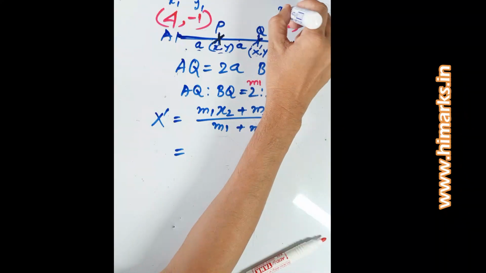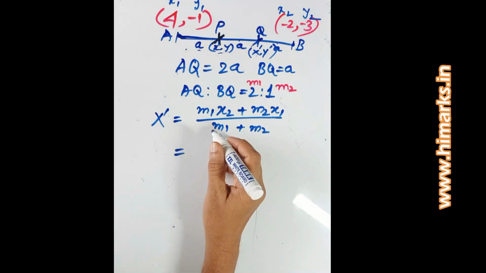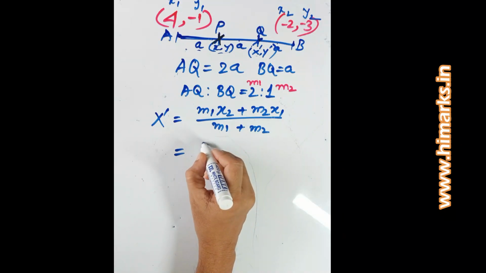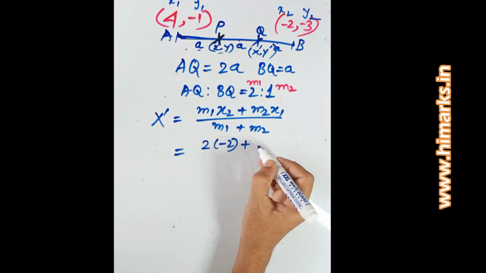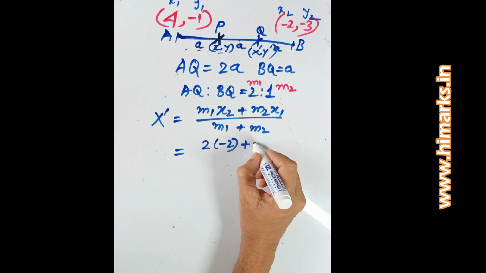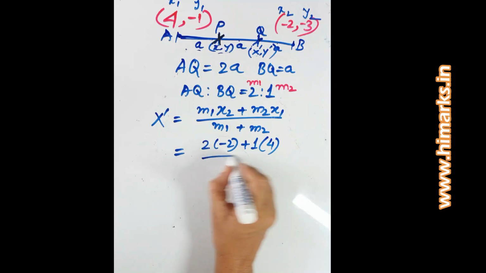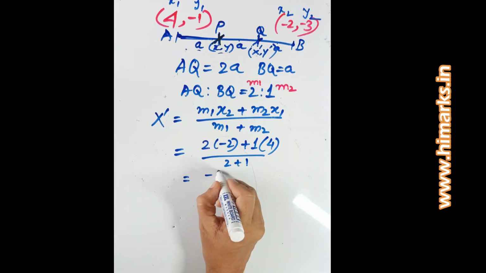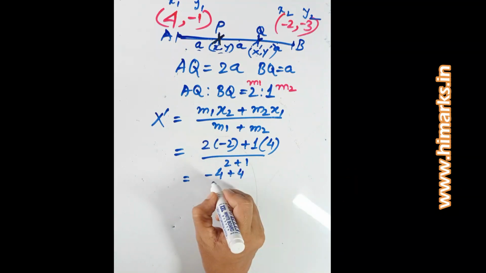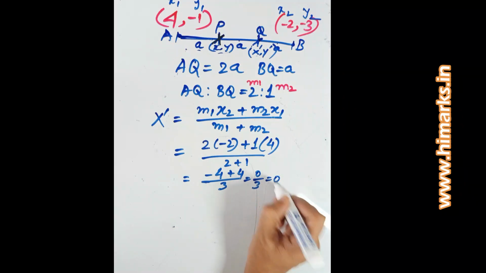Now you only put the values. So m1 is 2 into x2 is -2 plus m2 is 1 and x1 is 4, by 2 plus 1. -4 plus 4 by 3. So 0 by 3, that will give you the answer 0.